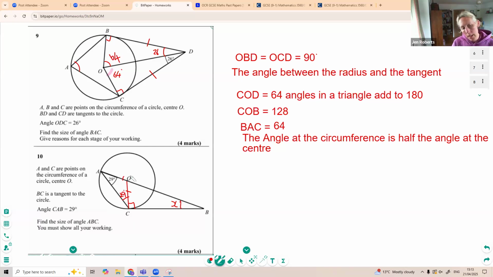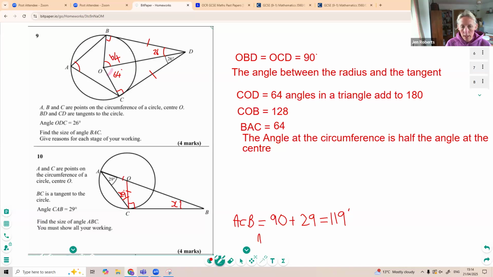And so look, if you can see this triangle now here, you can see that the angle ACB is 90 plus 29. Then we've got angles in a triangle add up to 180.